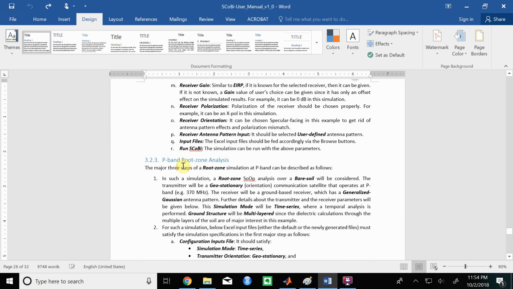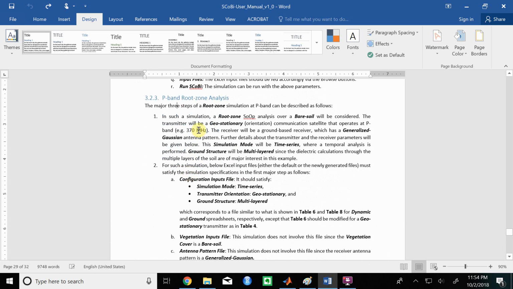For our final one, we're going to be looking at another P-band antenna, another P-band signal of opportunity transmitter, and we're going to be doing a root zone simulation in which we're not just representing our soil moisture profile as one block. We don't quite know what it is, so we're going to try to solve for that.